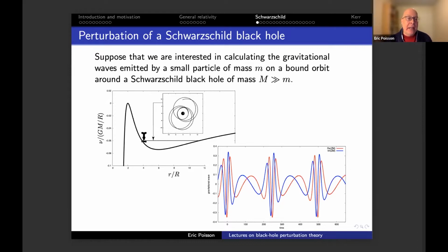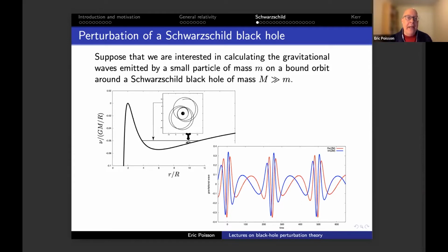When the motion is near the black hole, like this, it goes very fast. Because of that, the gravitational wave tends to be strong, and rapid, because the orbital motion proceeds rapidly when the object is close to the black hole.